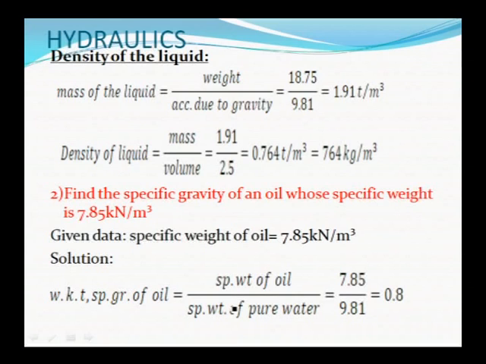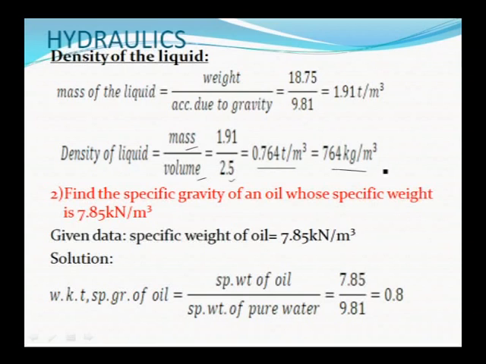So, this gives 1.91 ton per meter cube, and finally, density of the liquid is equal to mass over volume. So, substitute the values: 1.91 over 2.5. So, you will get 0.764 ton per meter cube, which is also equal to 764 kg per meter cube.